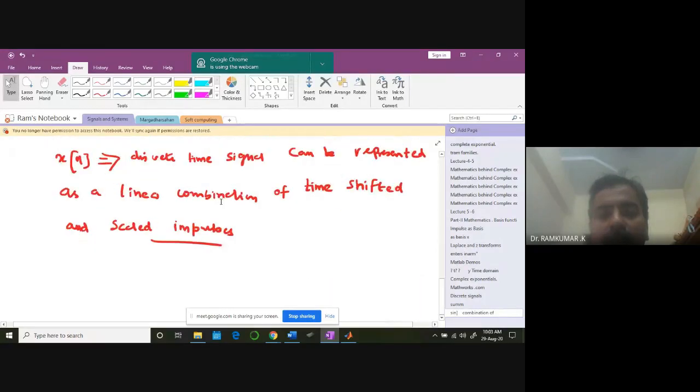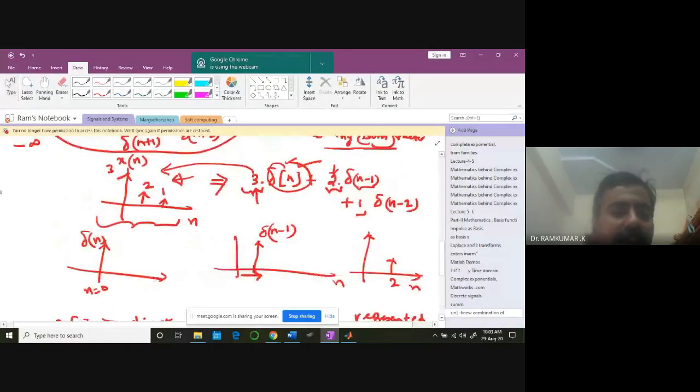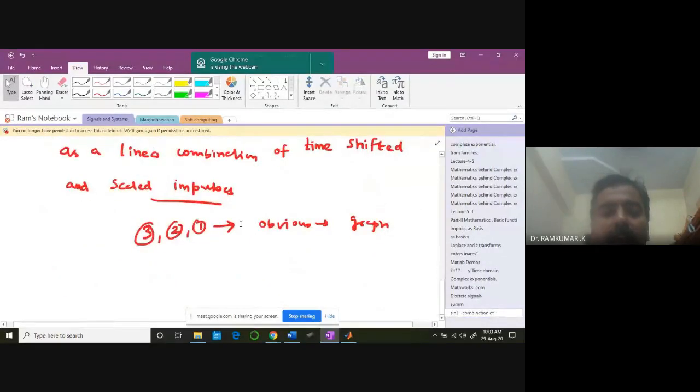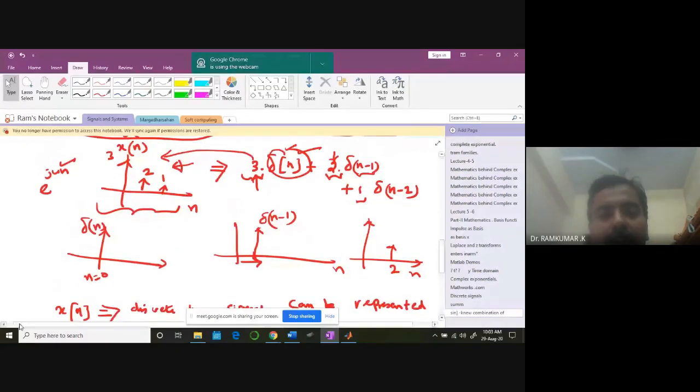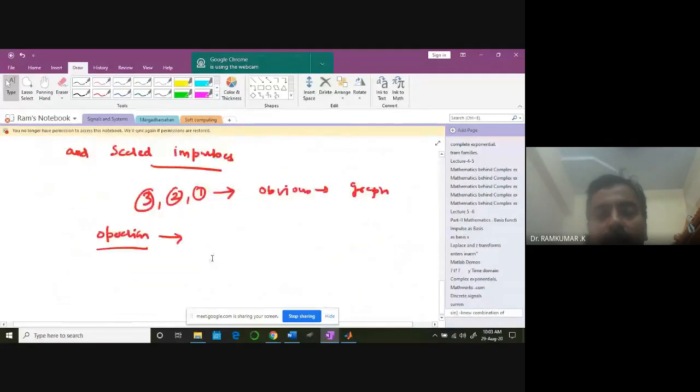Now, the idea is how I am going to get the 3, 2, 1. For impulses, it is quite obvious by looking at the graph. But for other basis vectors like e power j omega n, it will not be obvious. You need to do the operation called the dot product. Even though it's obvious for impulses, I'm going to do the inner product.